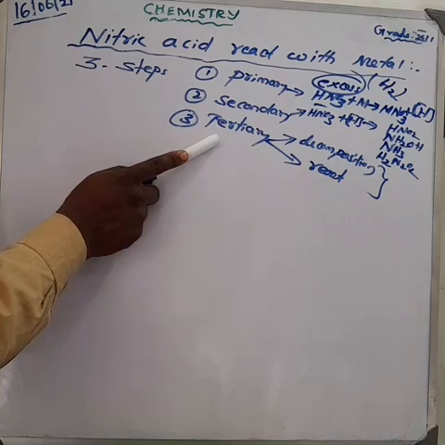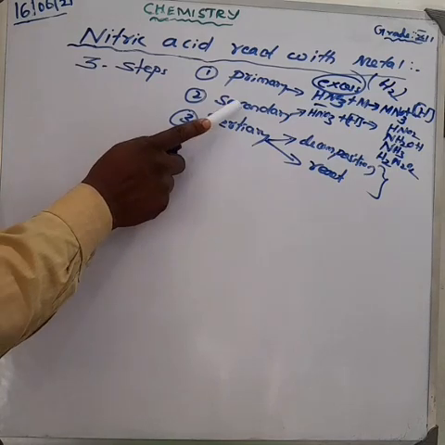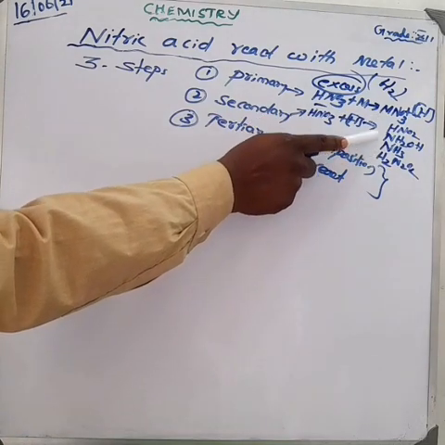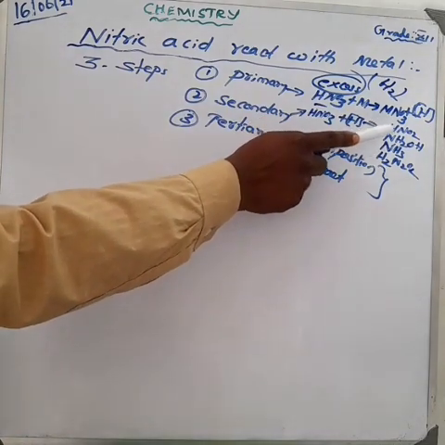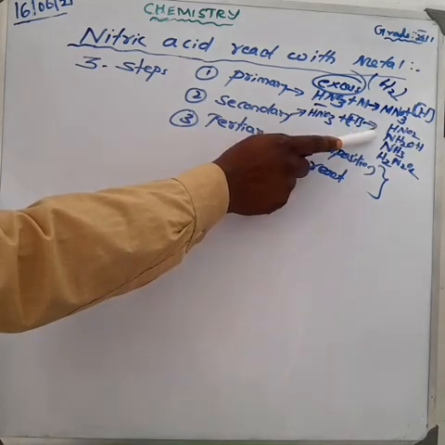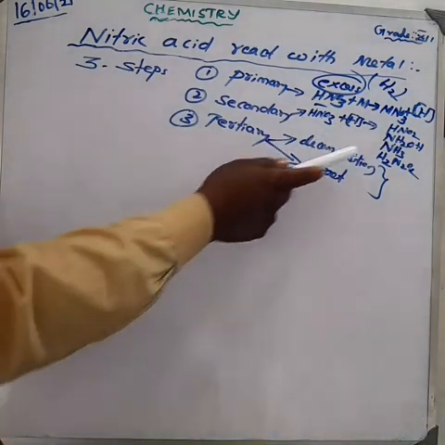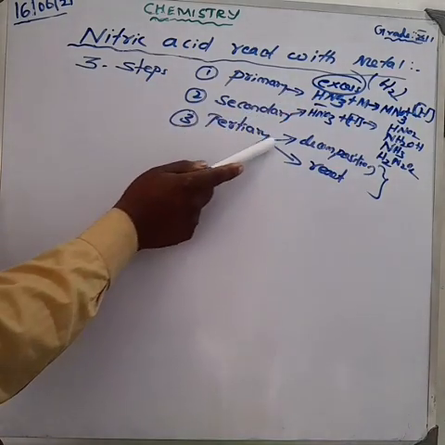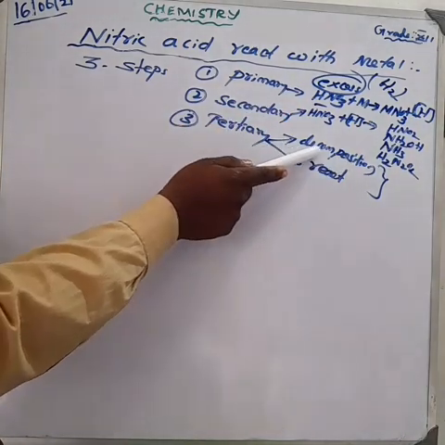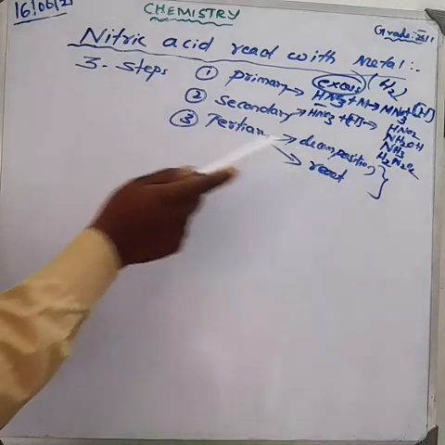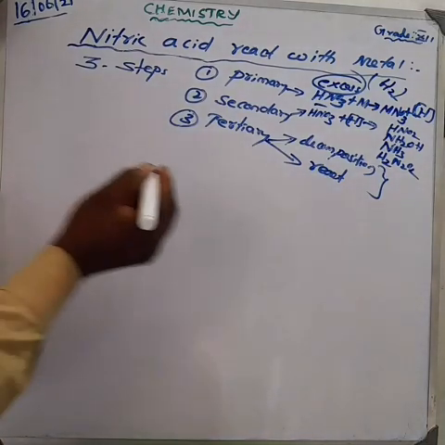The third one, the tertiary reaction. What is the tertiary reaction? In the secondary reaction we get some products. Which products do we get? Reduction products: nitrous acid, am I right? Hyponitrous acid, ammonia. These are some of the products. This product may either decompose or react to form the final product.